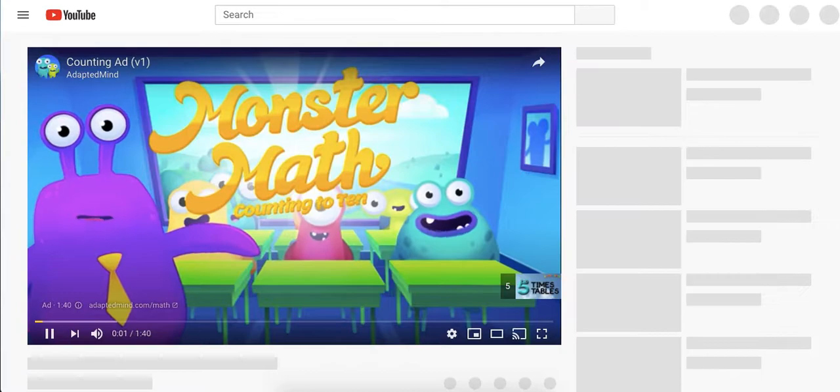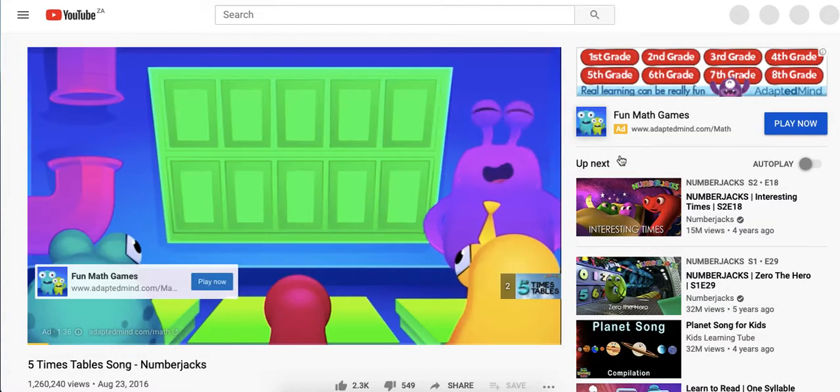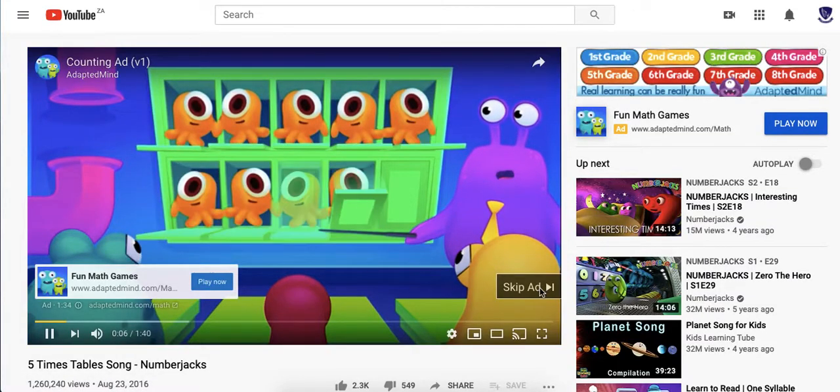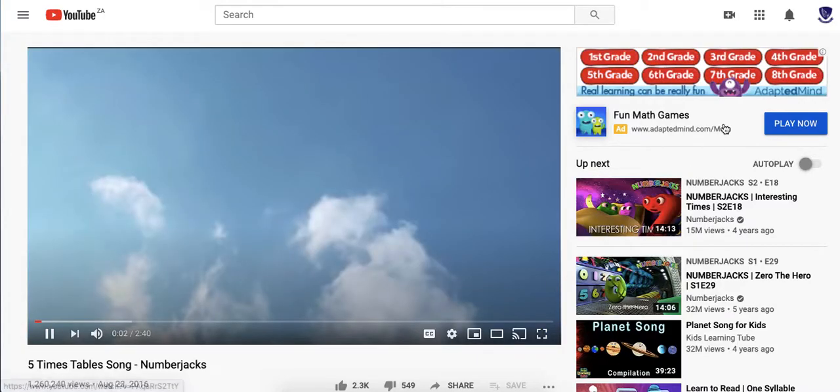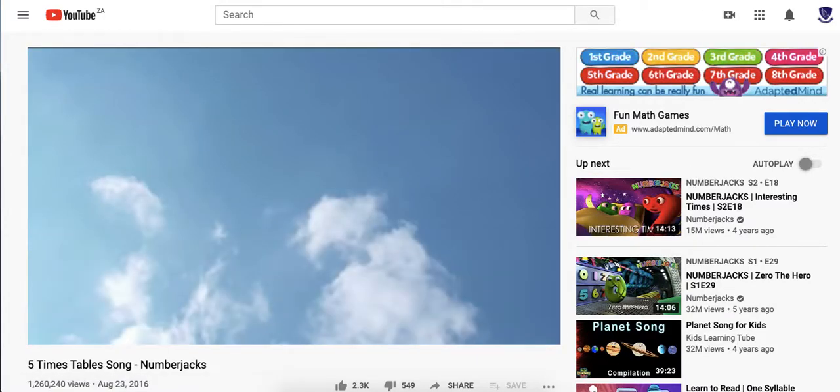Monster Math presents Counting to 10. Okay, class, let's count these munchkins. It's the 5 times table this time. Get ready to start with 1 times 5 is 5.